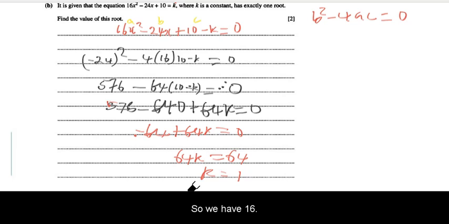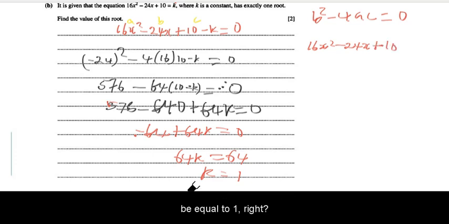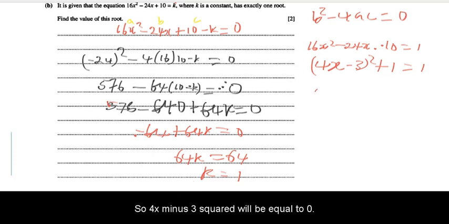So we have 16x squared minus 24x plus 10 originally given to be equal to 1, right? And we have seen from A that 4x minus 3 squared plus 1 is equal to 1.